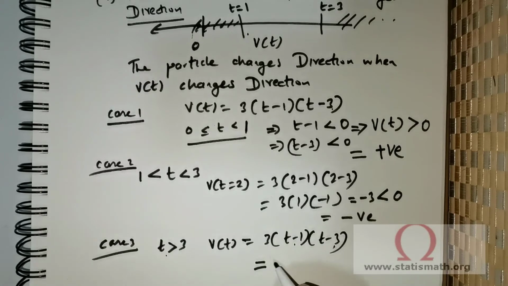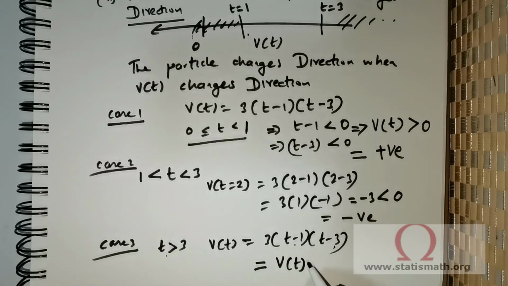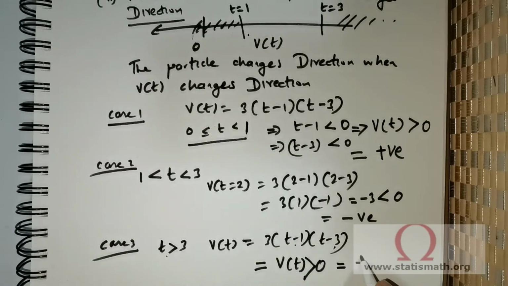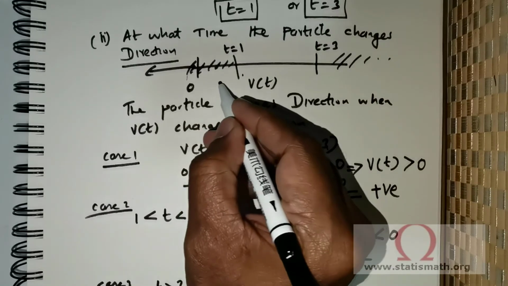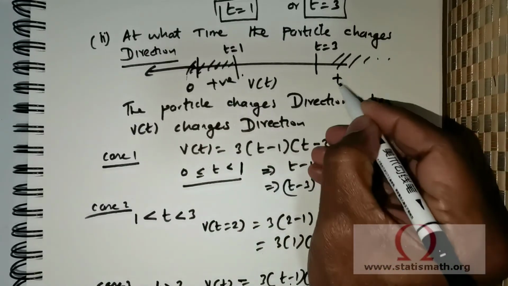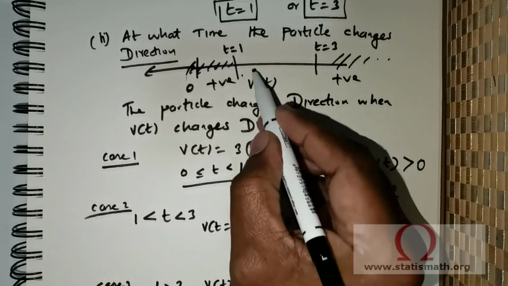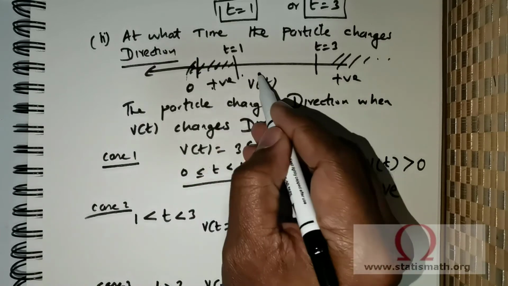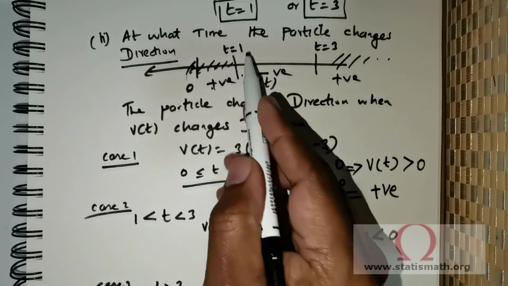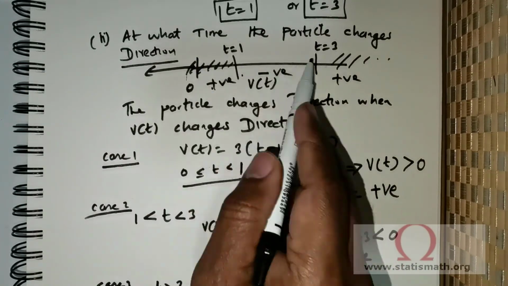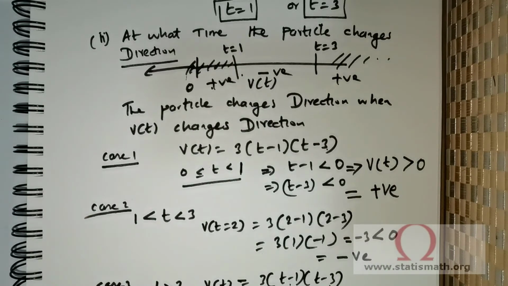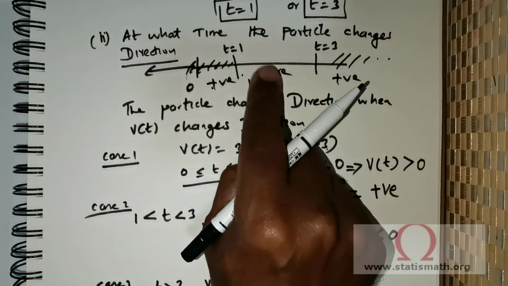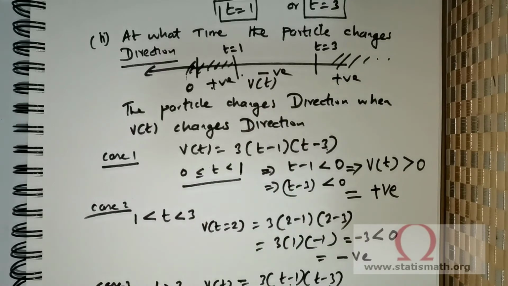So v of t is going to be greater than 0, which means this is a positive value. So you get a positive here, a positive here, and a positive here. The only point where the sign is changing from positive to negative is in between. This is the only region where the particle can change its direction.